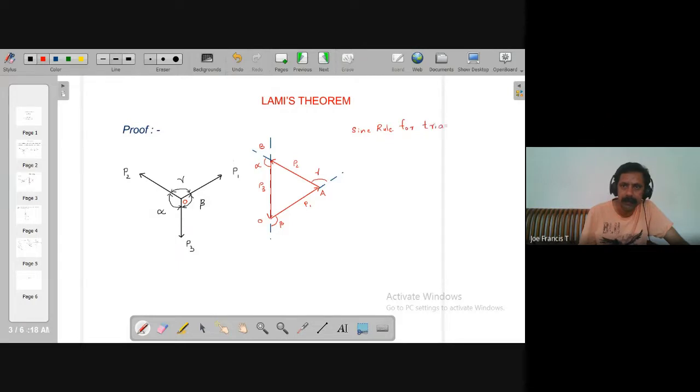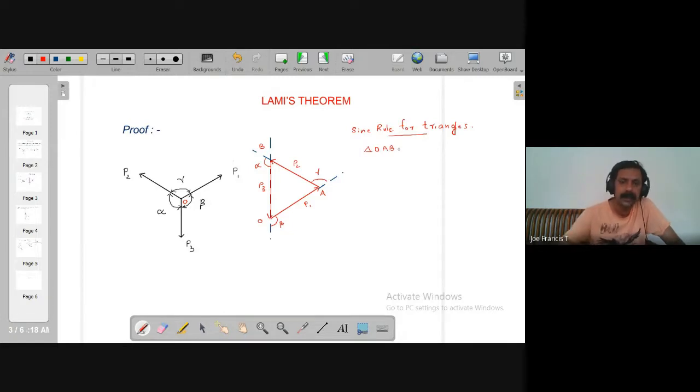What does this sine rule for triangles say? What is sine rule for triangle? If you consider any triangle, say if you consider this triangle OAB, each side is proportional to the sine of the angle between the other two sides.